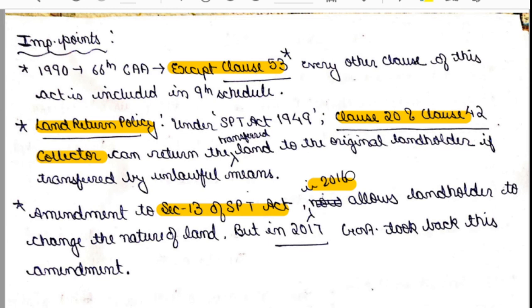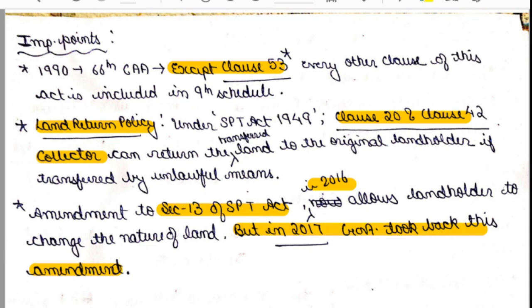That is, if there is agricultural land, that agricultural land can be used for the purpose of industries. But later it was seen that there was a lot of misuse of this provision. So in the year 2017, the government took back this amendment. So these three important points you should keep in mind. A question may be asked to you from this point.